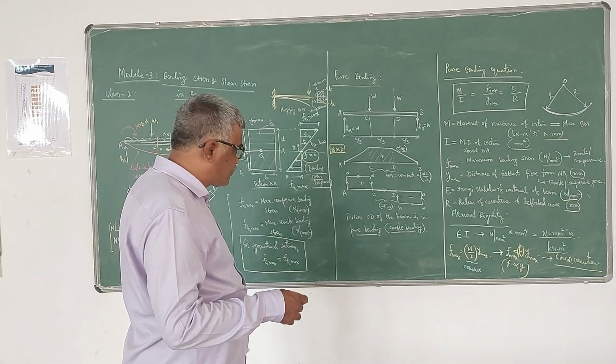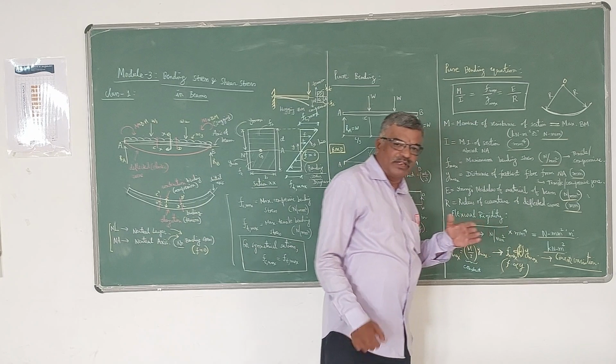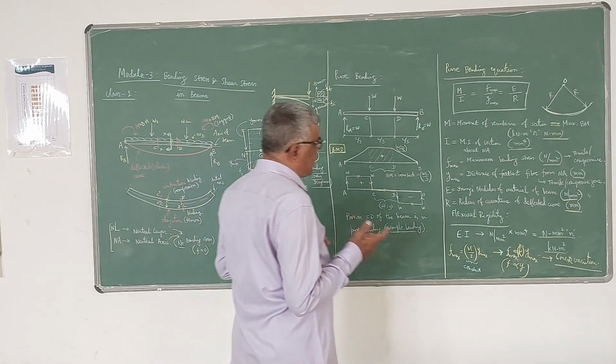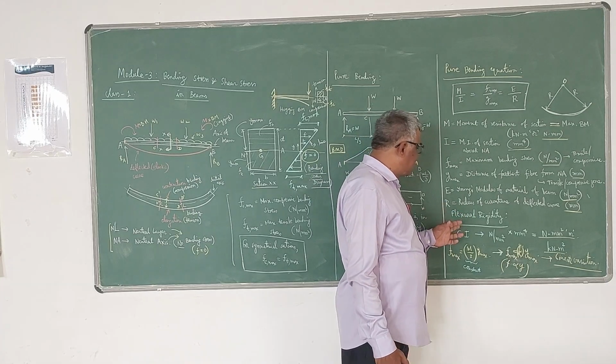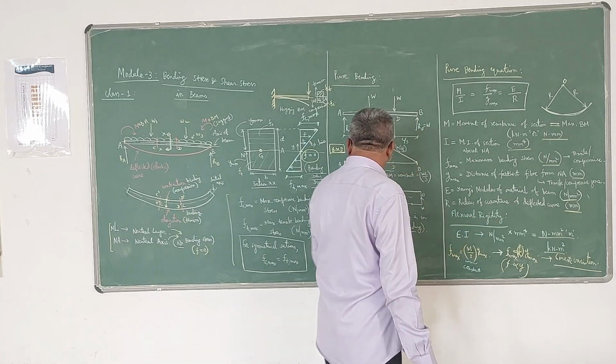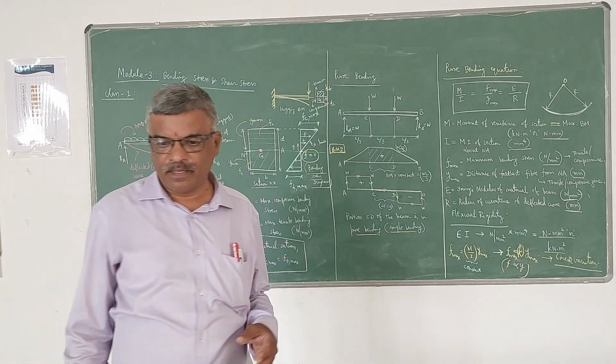Just like you have axial rigidity, there is flexural rigidity. Axial rigidity means A into E, cross sectional area into Young's modulus. Whereas the product of Young's modulus and moment of inertia is called flexural rigidity.